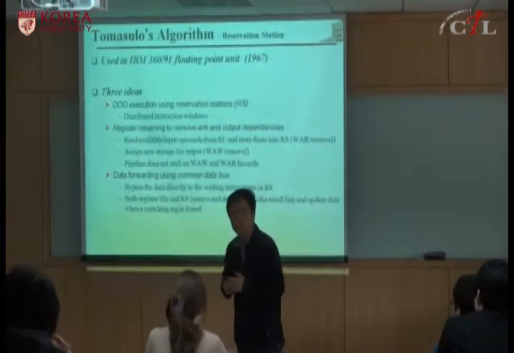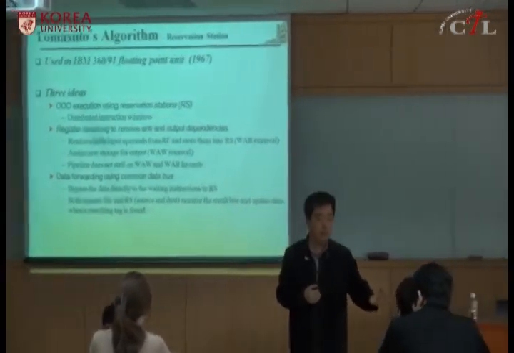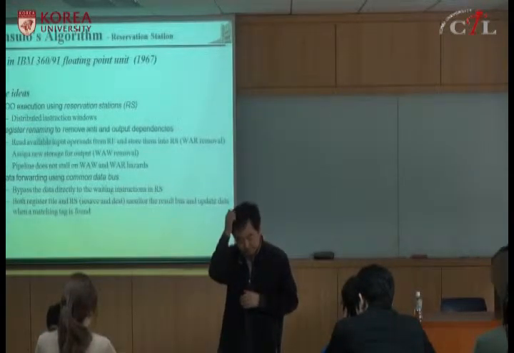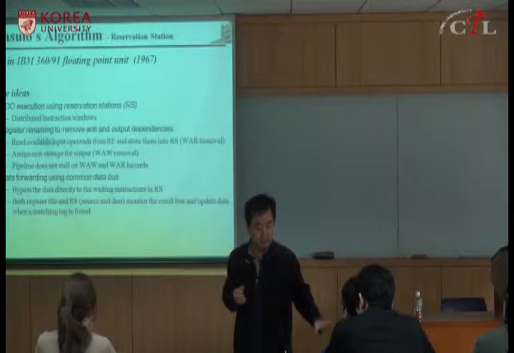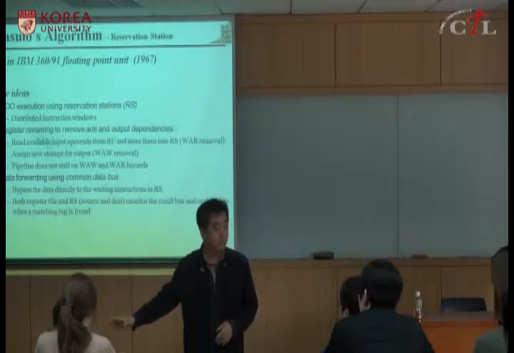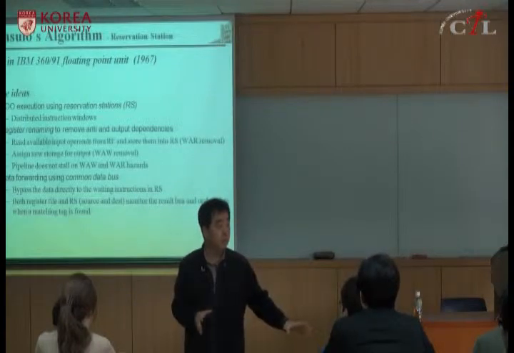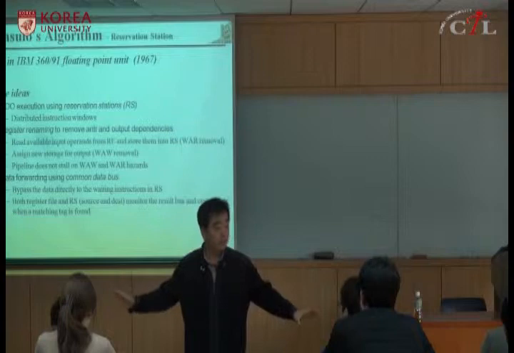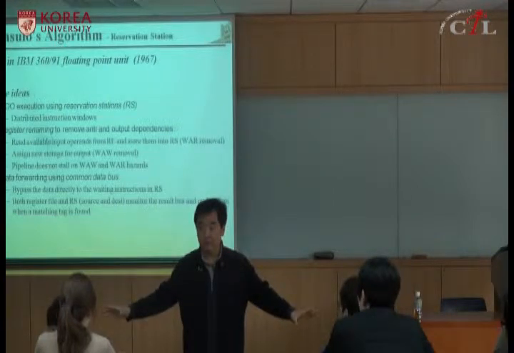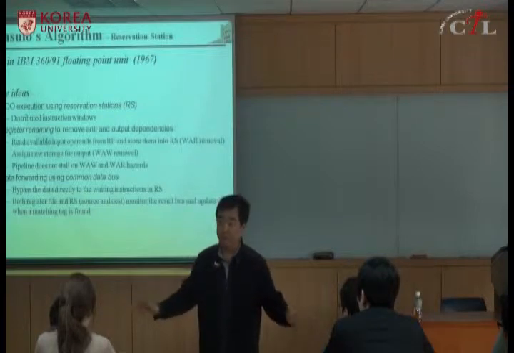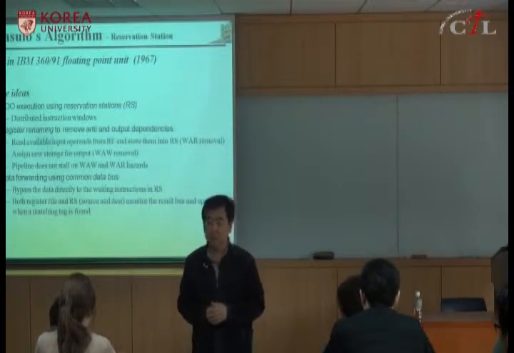Write after read dependence. This instruction is trying to read a source, and this instruction is trying to write to the same source, and there is no producer-consumer relationship. Okay, this is read, and this is write, right? So write and read, there is a read after write dependence, but read and write, there is no producer-consumer relationship.